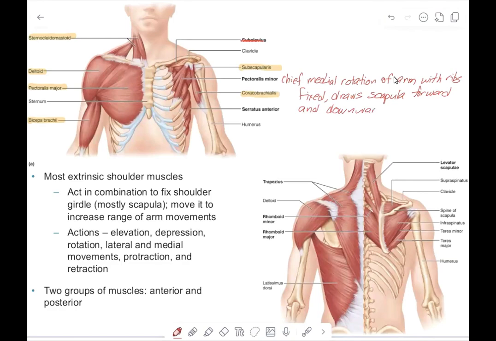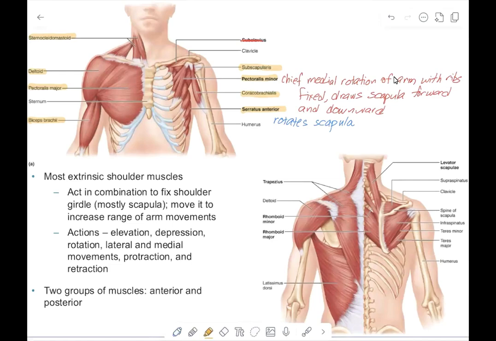Whereas the next muscle that is listed is the serratus anterior. This is what is sometimes thought of as the boxing muscle, and it specifically rotates the scapula. I'll put it in a different color here so that you can see it.